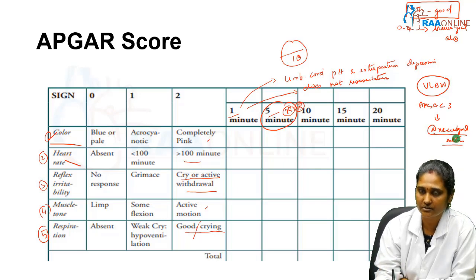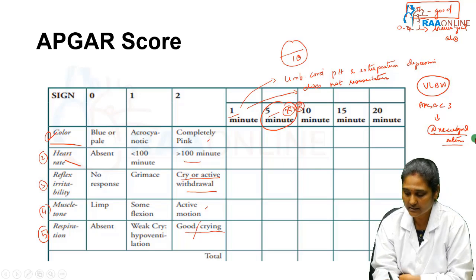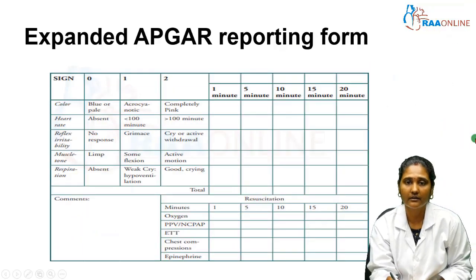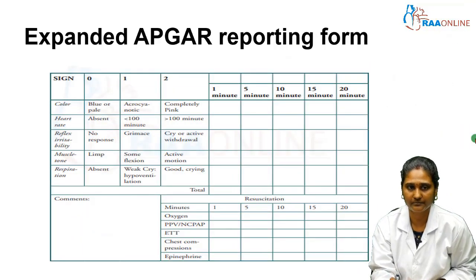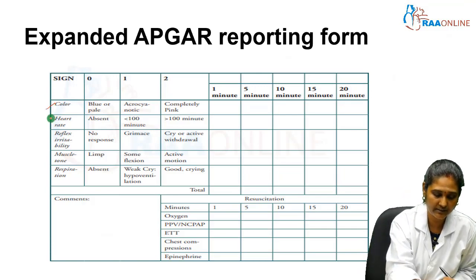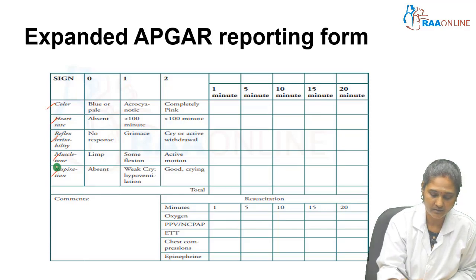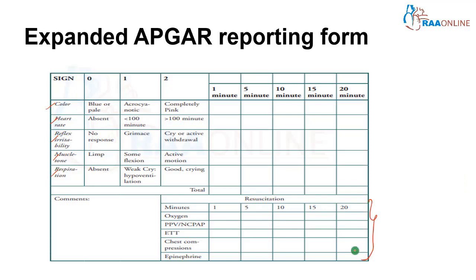Because of this, to overcome this flaw, the American Academy of Pediatrics has come up with the expanded Apgar reporting form. In this expanded Apgar reporting form, along with the regular 5 signs, another 7 signs have been added, and a mnemonic is given, which is combined.